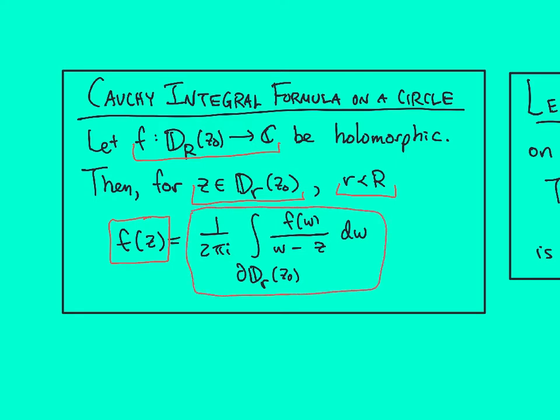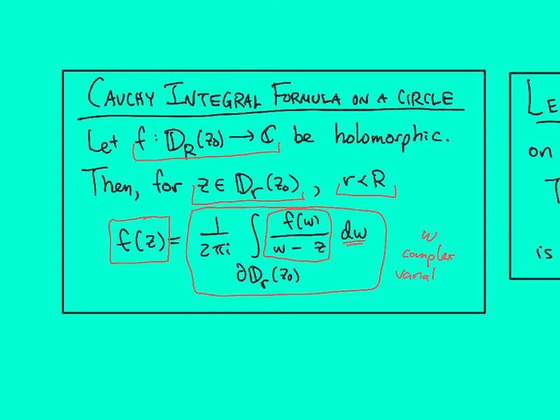And here's the formula. So this is important to get used to or memorize. You have f of w over w minus z dw.